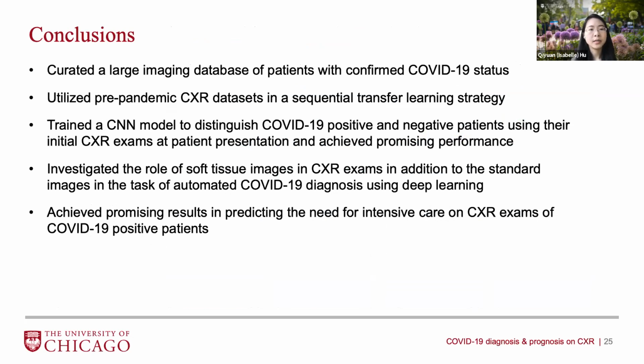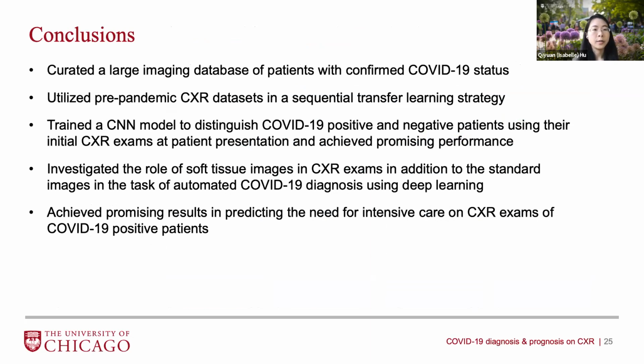So to summarize our study, we curated a large imaging database of patients with confirmed COVID-19 status. We utilized pre-pandemic CXR data sets in a sequential transfer learning strategy. We trained a CNN model to distinguish COVID-19 positive and negative patients using their initial chest X-ray exams at patient presentation and achieved promising performance.